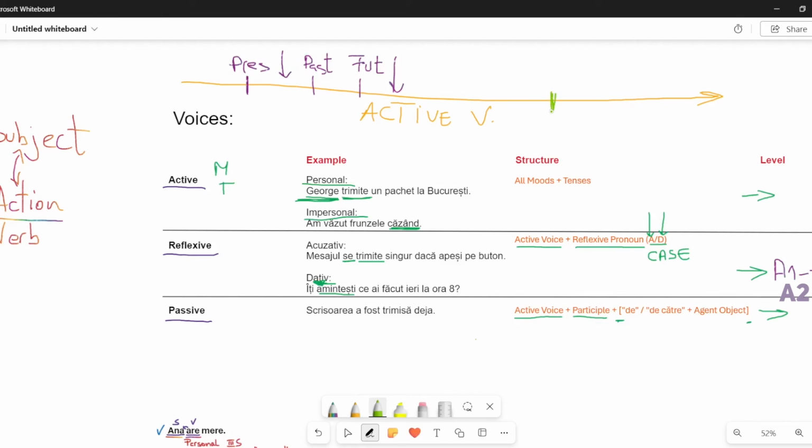So let's say you learned imperfect. You need all the past tenses you could learn to use the passive voice. Passive voice can be used in the other ones, but I'm just saying because it's easier and more relatable to English, probably you would like to learn a couple of past tenses before you get into the passive voice. So that probably gives the level of a B1 or higher.